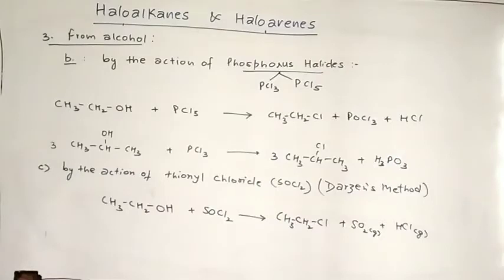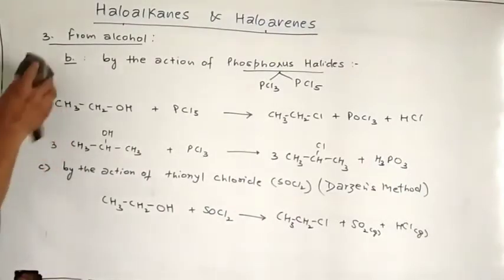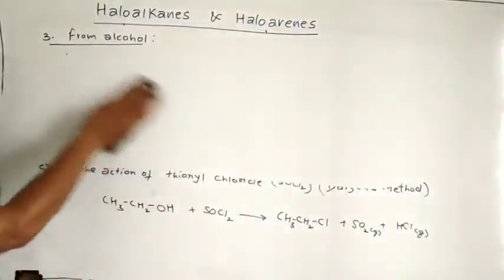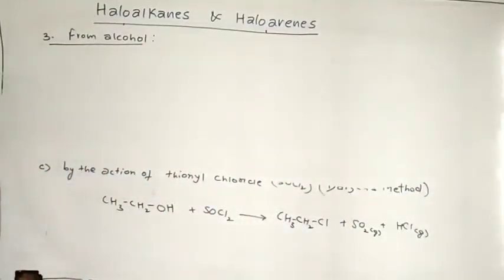So this reaction is preferred over all other reactions. Suppose we want to prepare alkyl bromide by this method. Chloride is prepared by PCl5 or PCl3. PBr3 cannot be directly used.